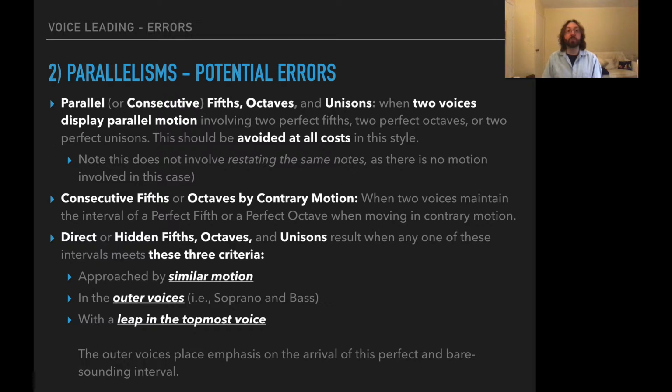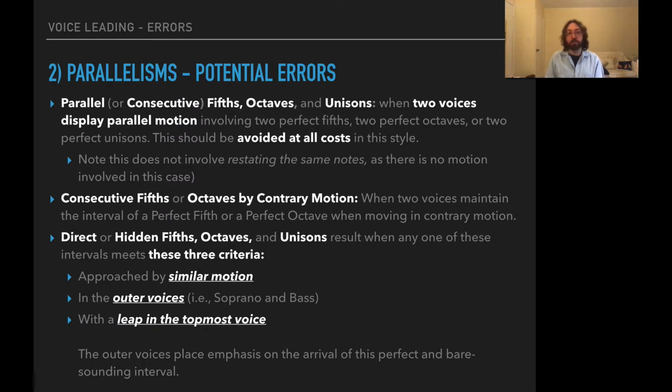Let's think in C major for a second. Let's say that we're going from a 5-6 chord to a 1 chord. A 5-6 chord is going to have a B in the bass, a G somewhere, and a D somewhere else. Now, what I just played is perfectly fine.